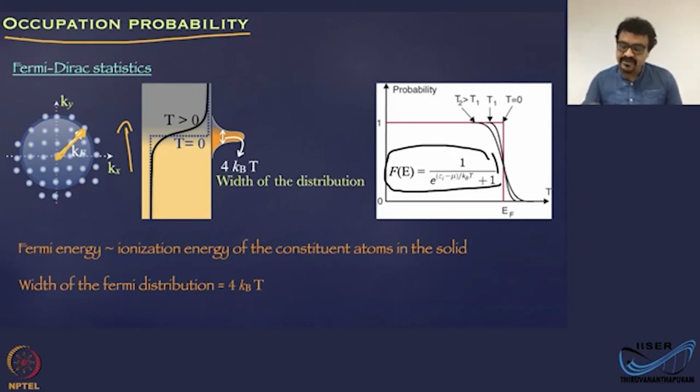As you change the temperature, this step function is going to get smoother and softer, and it is going to develop a width. Some of the states within an energy width of about 4 kBT, the approximate width of the Fermi function, will be available for transport.